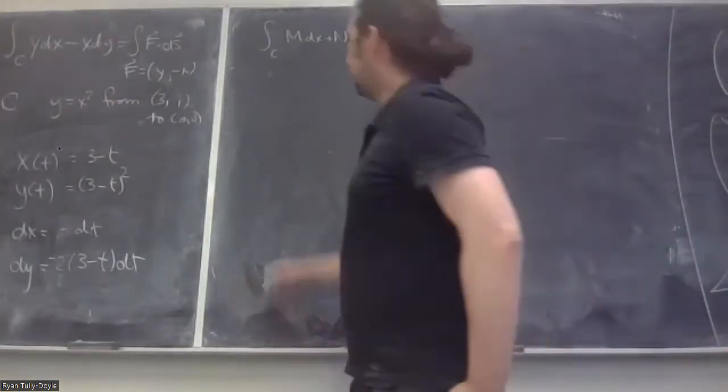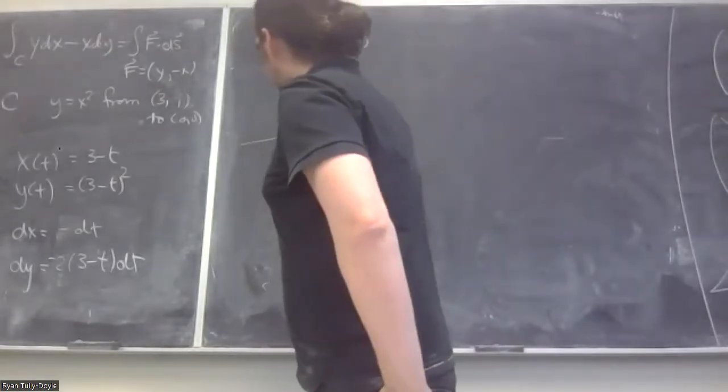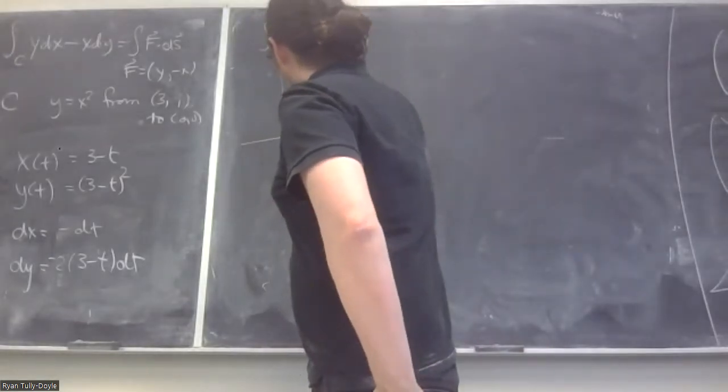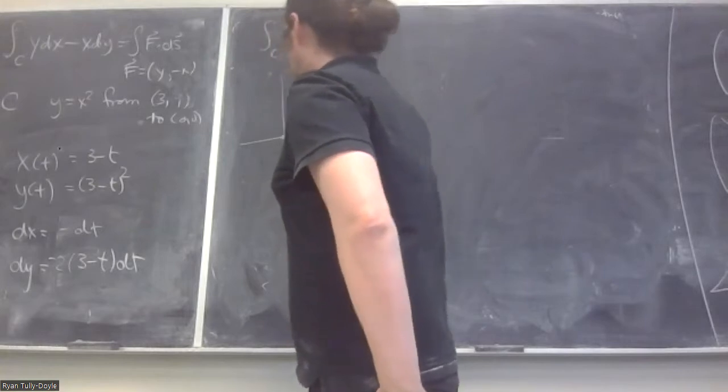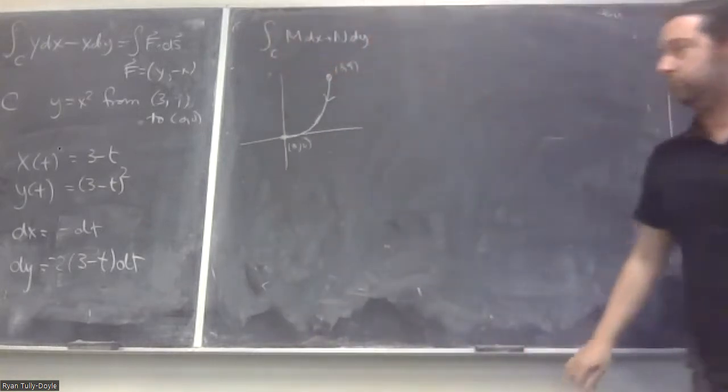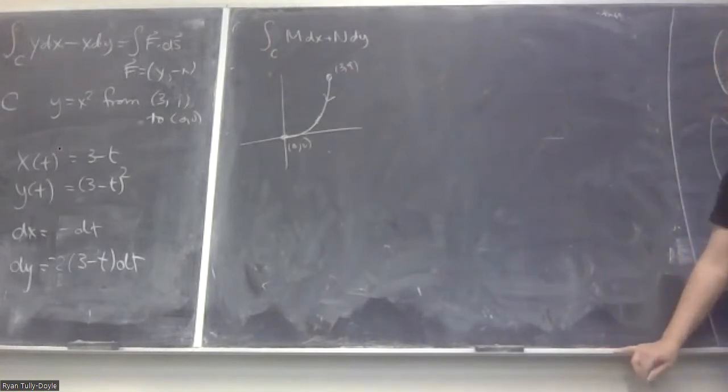Like in this problem, we picked a problem where I had this set up where I followed this parabola all the way from (3, 9) to (0, 0). So the question I've got is, is there any way, a class of these problems I can set up, where it doesn't actually matter how I get from point A to point B, just that I've got some path that gets there?